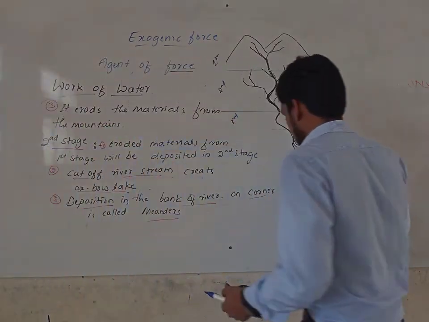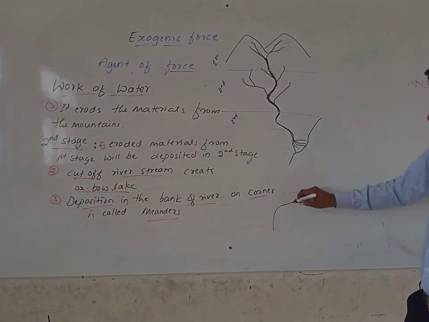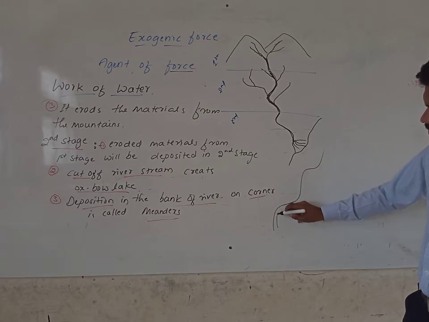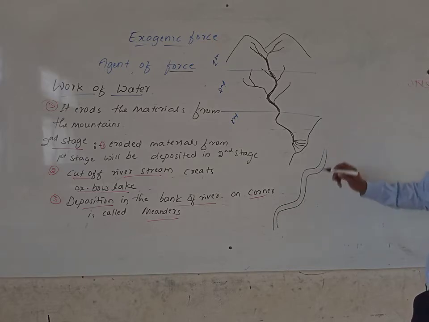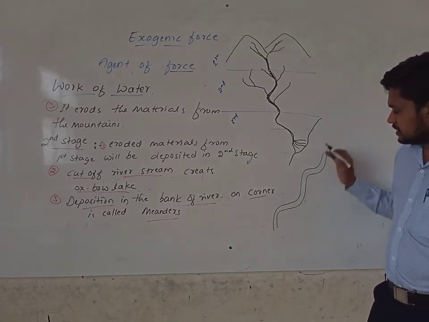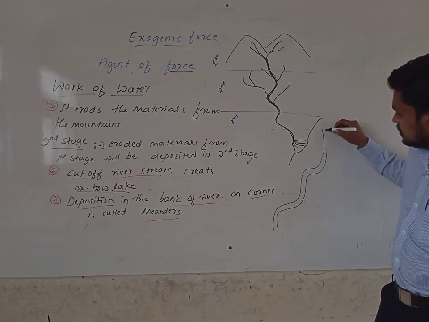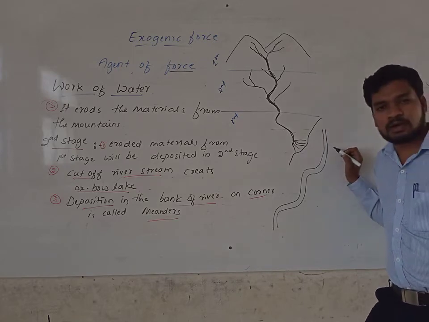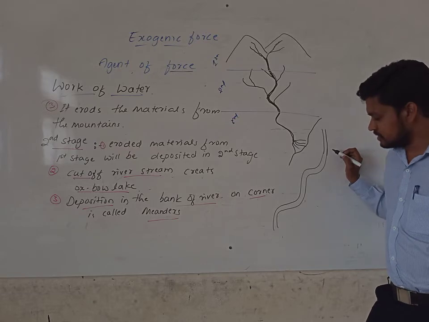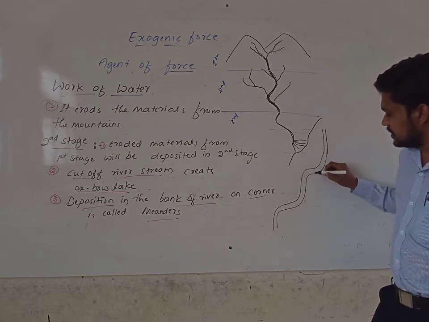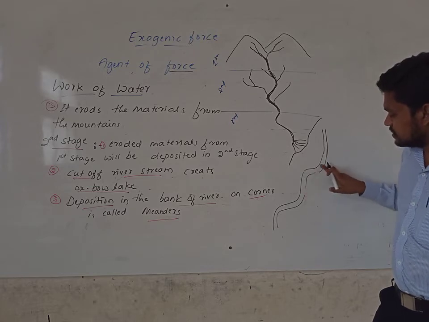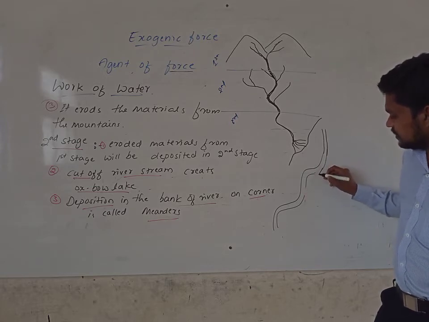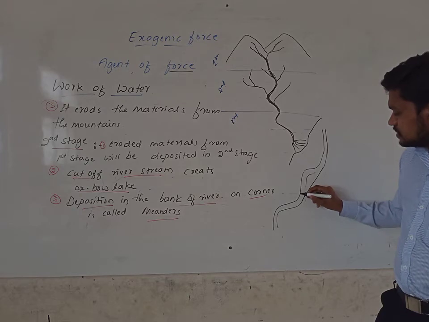Here, as I told, suppose it's a river. Due to the high velocity and the more amount of water, it erodes these areas, and after 10 or 20 years, this main river connects into this.